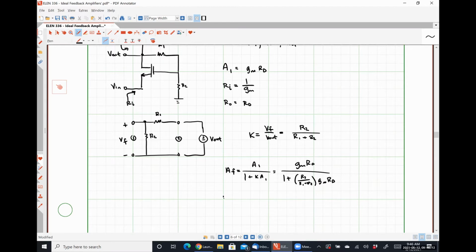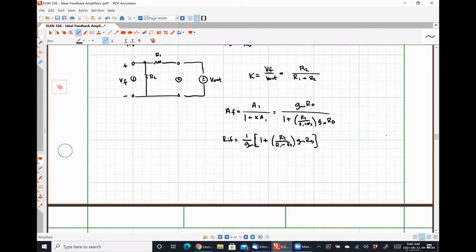Our input resistance, RIF, is going to be 1 over gm divided by 1 plus KA1, so 1 plus R2 over R1 plus R2 times gm RD.